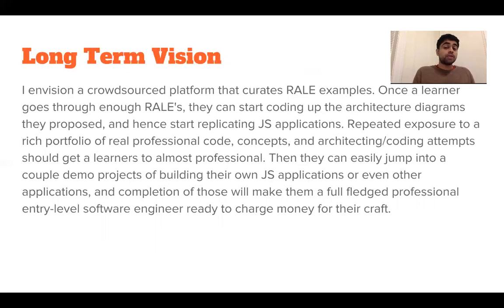When they're coding up these architecture diagrams, they're essentially replicating JS application features. Repeated exposure to this rich portfolio of real professional code, concepts, and also these architecting and coding attempts should get a learner to almost professional.